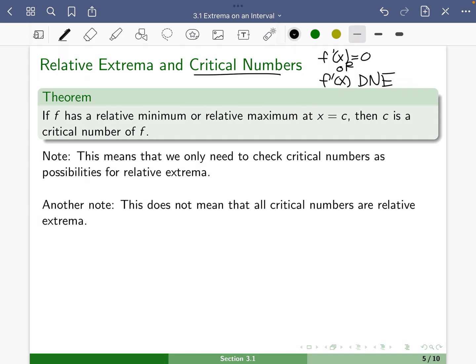We have this theorem: if f has a relative minimum or a relative maximum at x equals c, then c is a critical number. That tells us if we are at a maximum or minimum, then it must be the case that the derivative is 0 or the derivative does not exist.